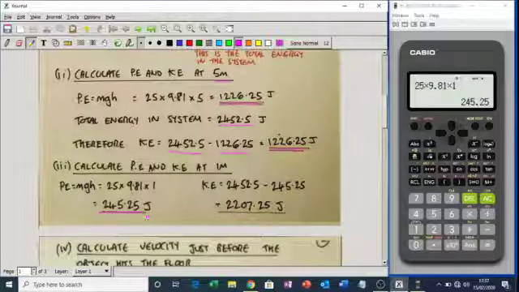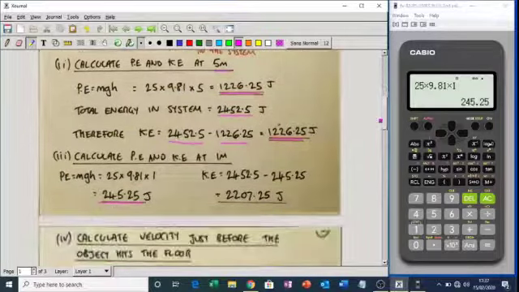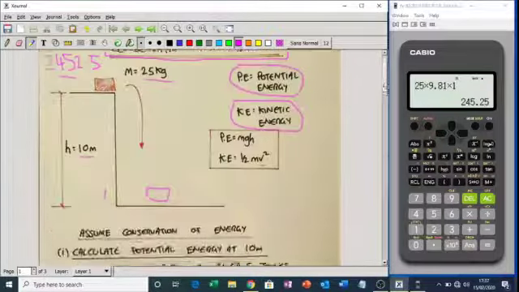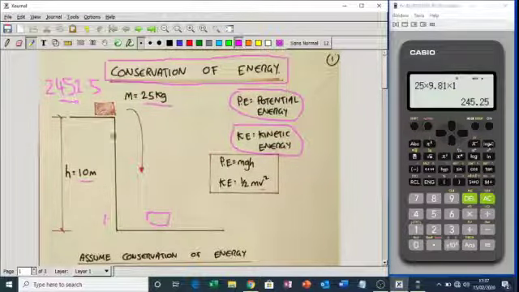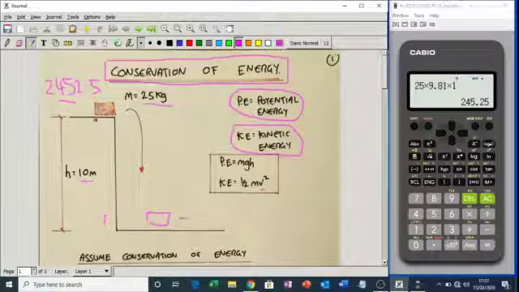It's getting less and less because my height is getting less and less. And the difference between the total energy in the system and the PE down here will be the kinetic energy, because that is the total energy in the system.